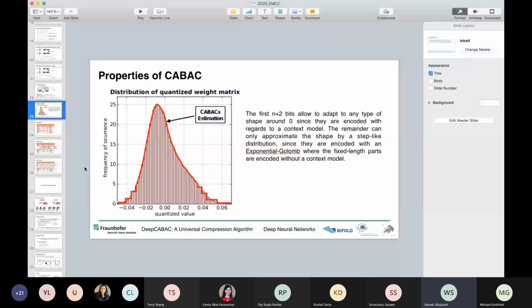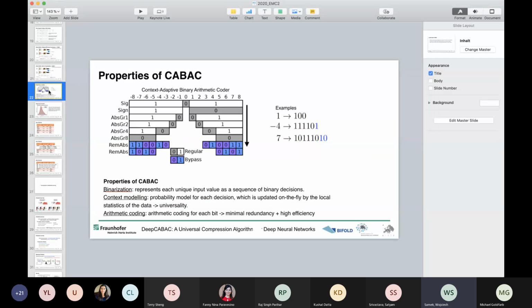For example, here we saw that most quantized neural networks have this kind of weight distribution around 0. It's not necessarily a Gaussian distribution. It can also be tilted to one of the sides. But with this adaptivity, you can very efficiently encode these parameters, because your probability model continuously adapts.